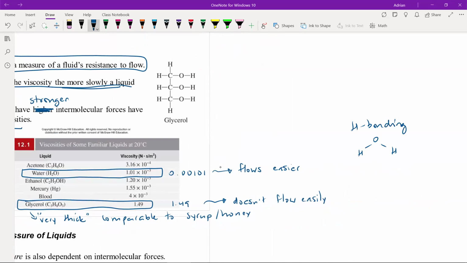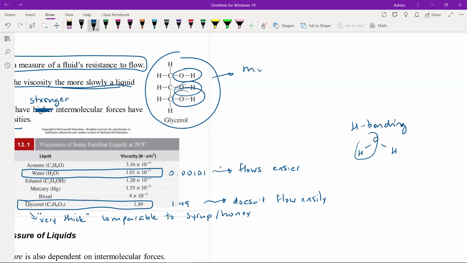And if you look at the structure of glycerol, glycerol is up here. Yes, just like in water, we have this OH, very polar bond, but we actually have three of them in glycerol. So we have more hydrogen bonding present. We have the same type of intermolecular force.